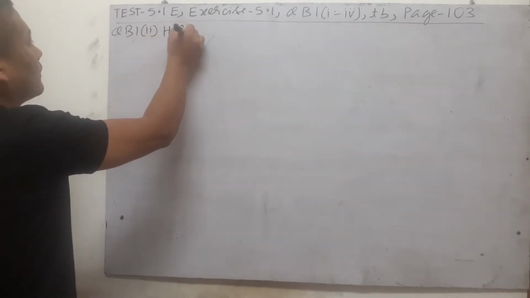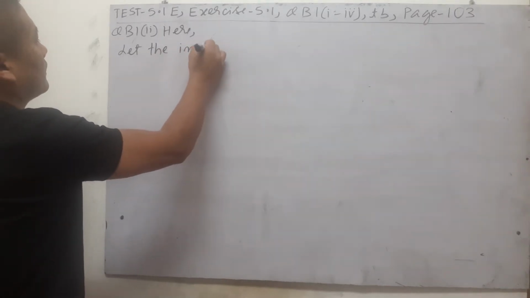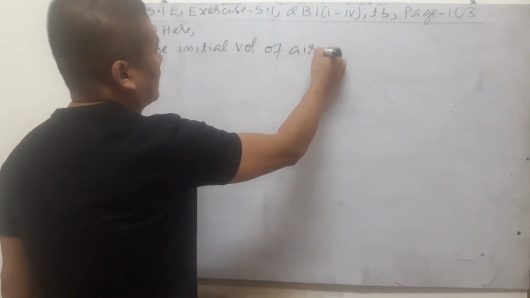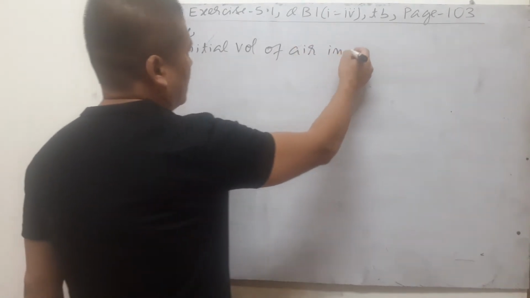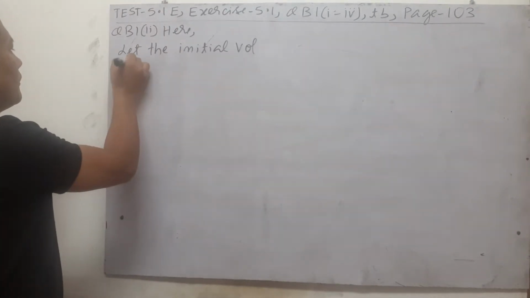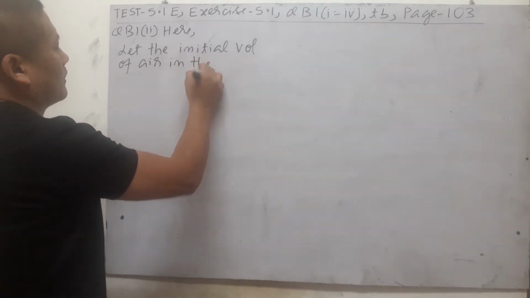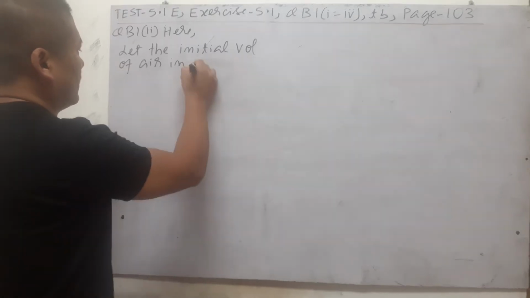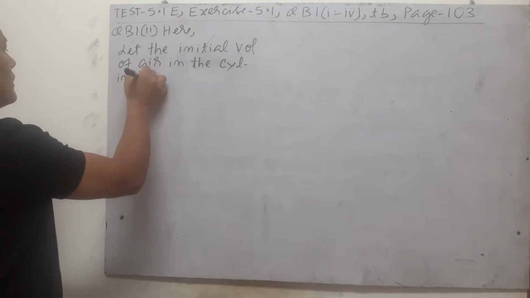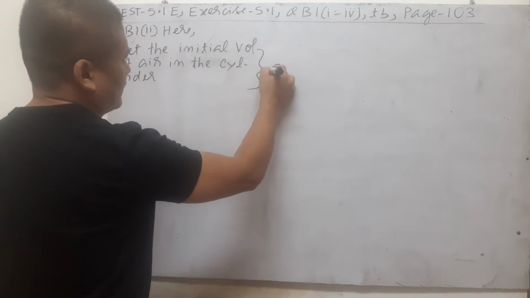So here, let the initial volume of air in the cylinder be represented by A1.